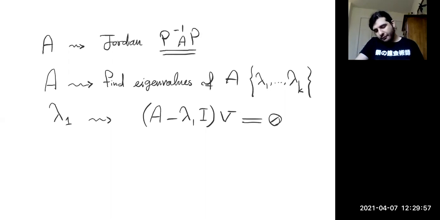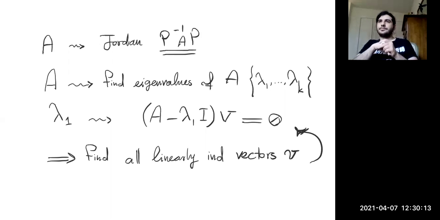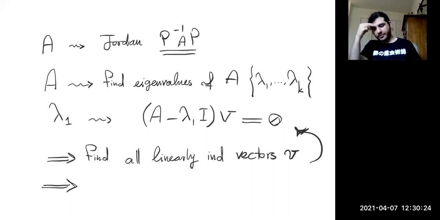Okay, the second step is find all linearly independent vectors V satisfying this equation. Okay, we find a number of solutions. Let's call this the number of linearly independent things we find. Let's call that N1.